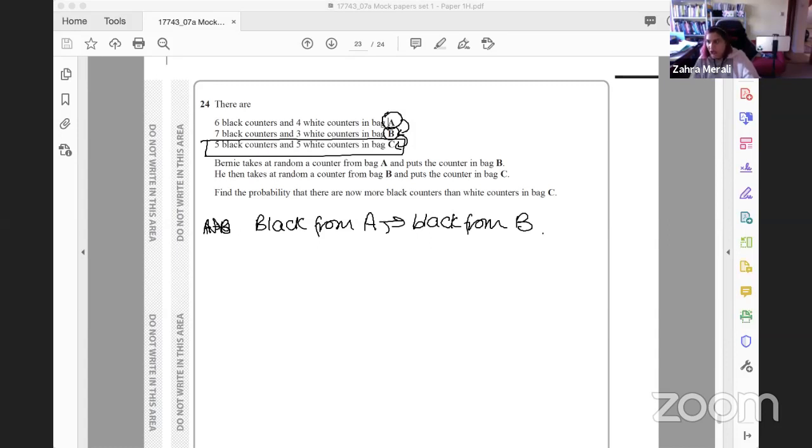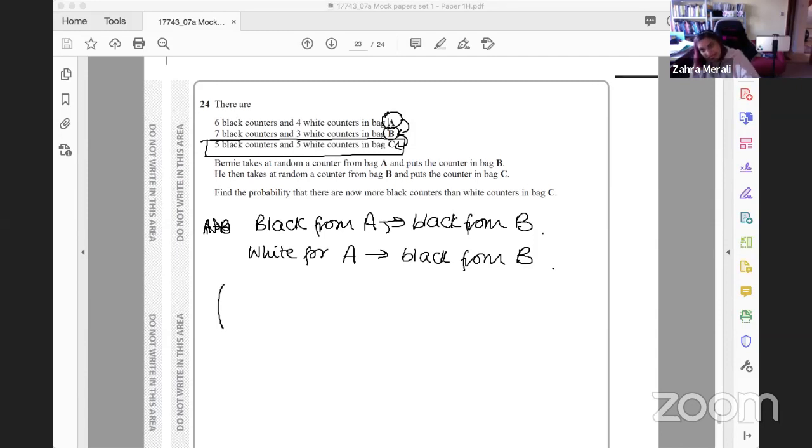Or you could get a white from A, but then you'd have to take out a black from B, because otherwise C wouldn't have enough. So those are the only 2 things that can happen.